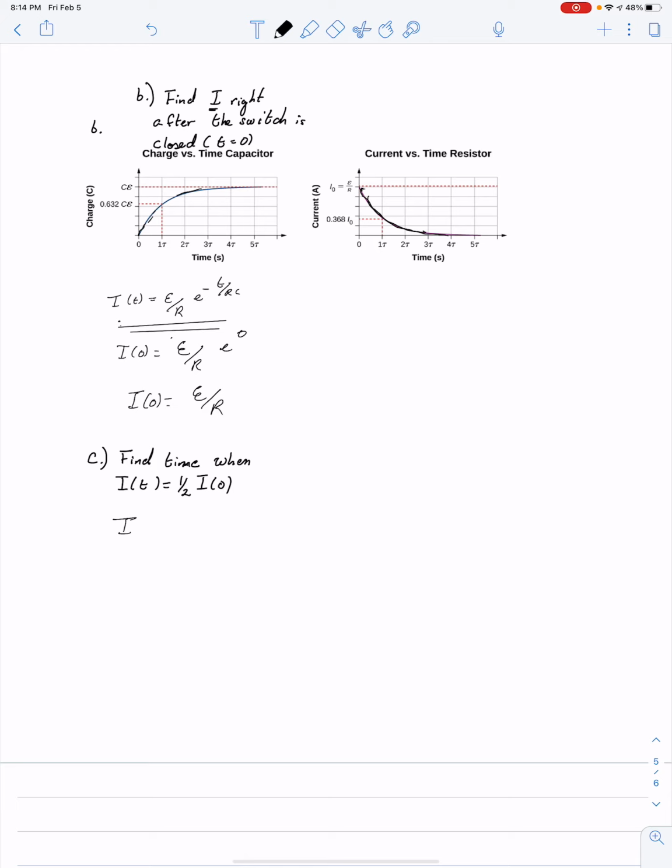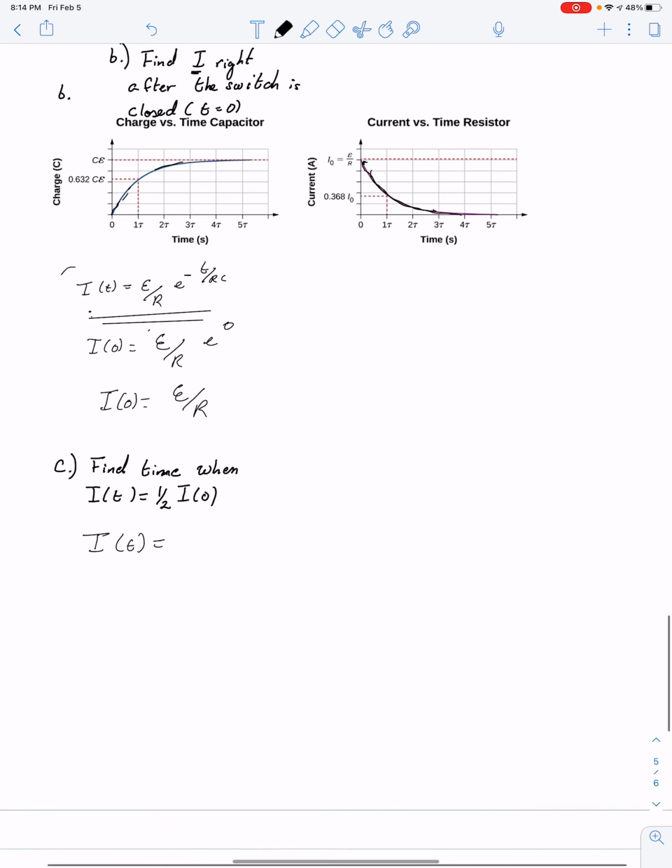So in this case, we do know that there's a ratio. So I'll write the equation back down. And now we just have to find out the actual time.